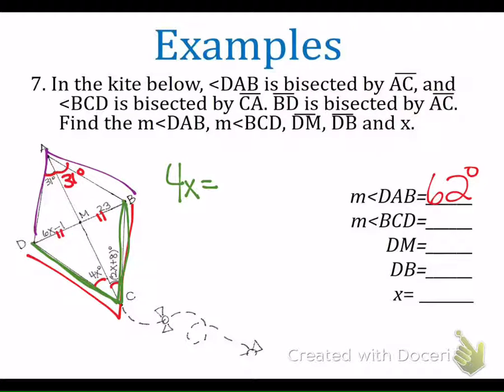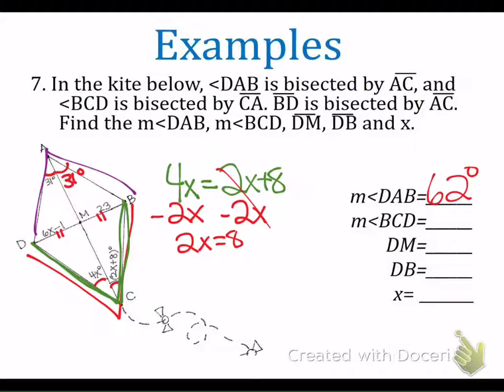So 4x equals 2x plus 8, and I can solve for x. I subtract 2x from both sides. I have 2x equals 8. X is going to equal 4. That was a question down here, right? X equals 4. Now, is that the measure of angle BCD?